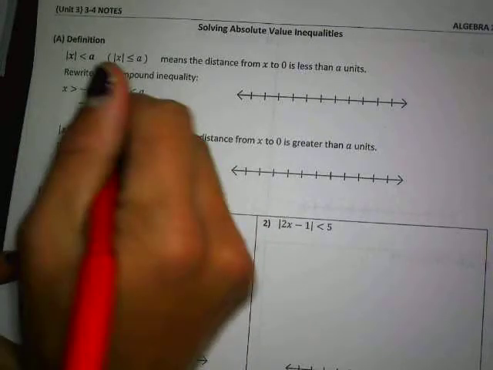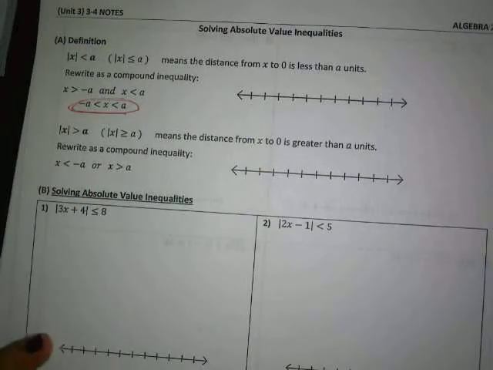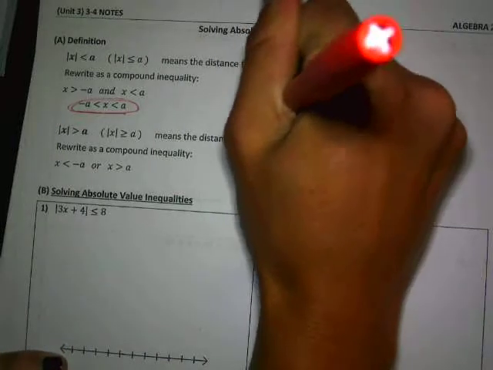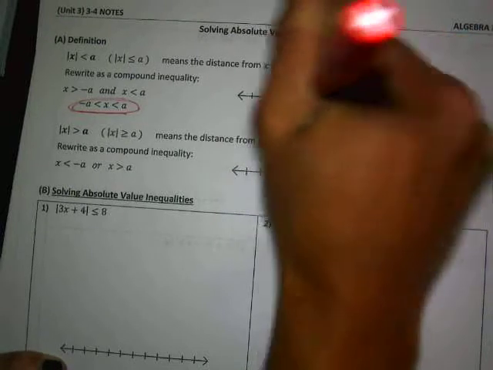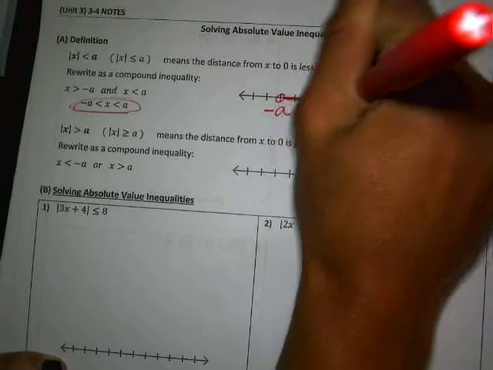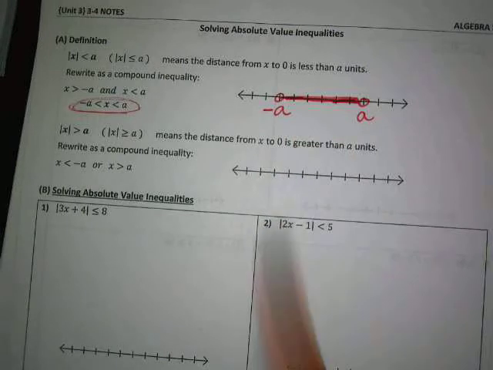If it's pushed together like this as one whole inequality, what's happening on your number line is that we are using the numbers inside your two endpoints.